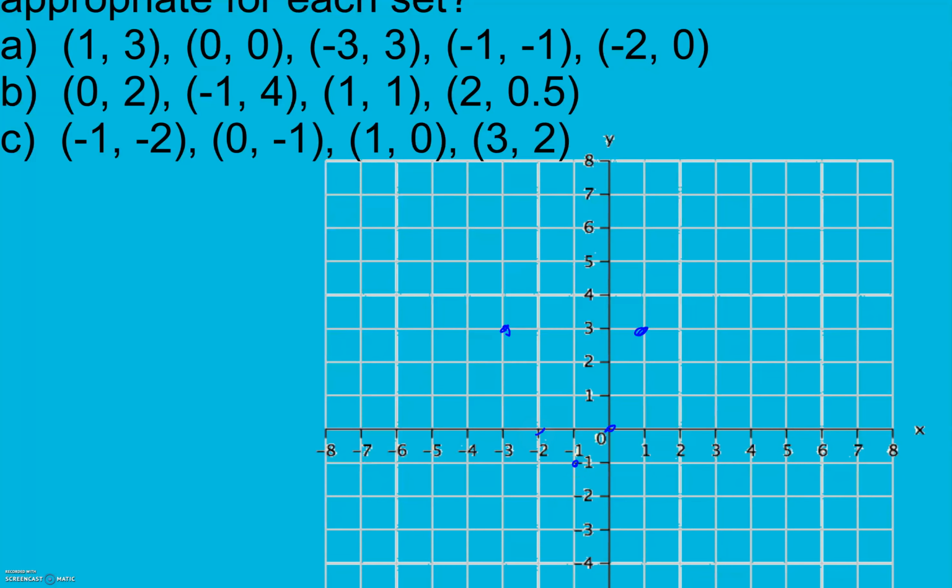And I have negative 2, 0. Okay, if I were to connect these, it looks like it would be a parabola. It's symmetric on both sides, and it goes up like a U-shaped graph like our parabola. So this one here is quadratic.